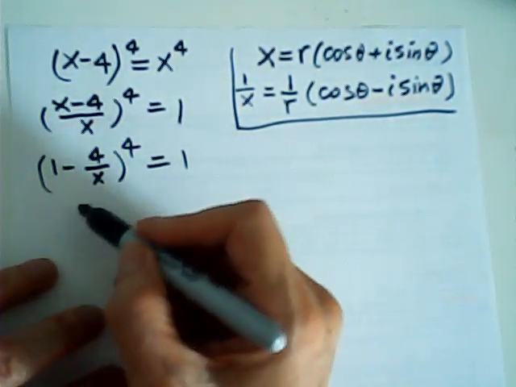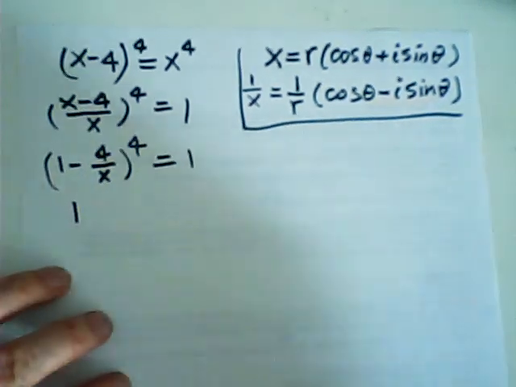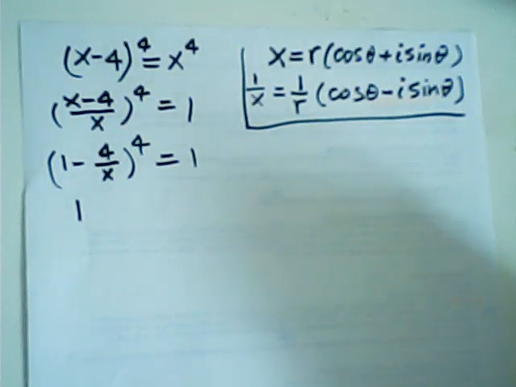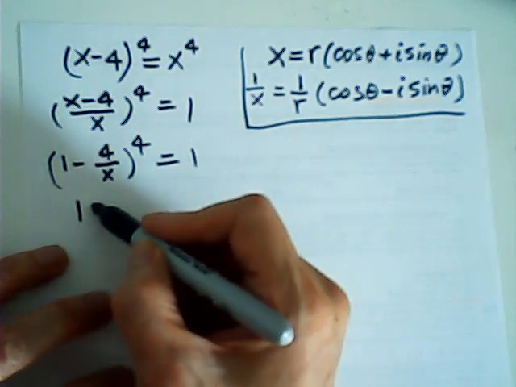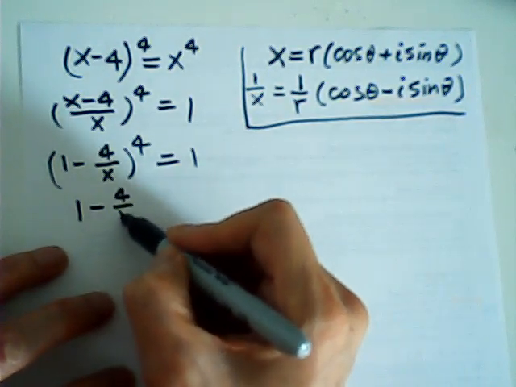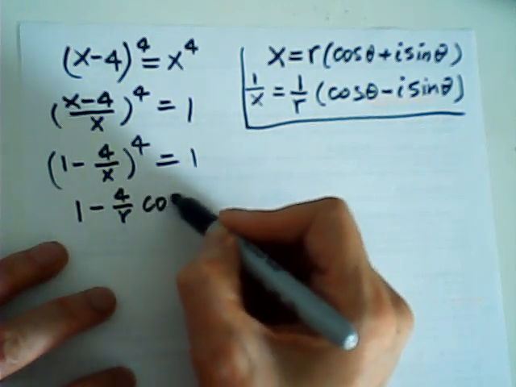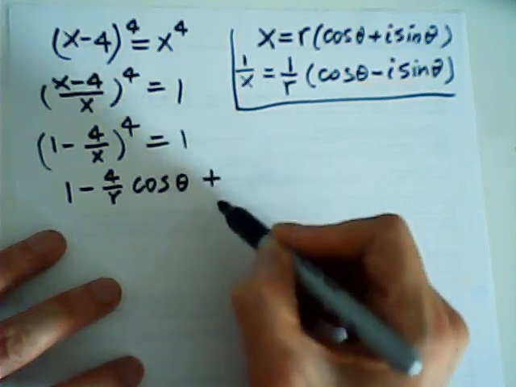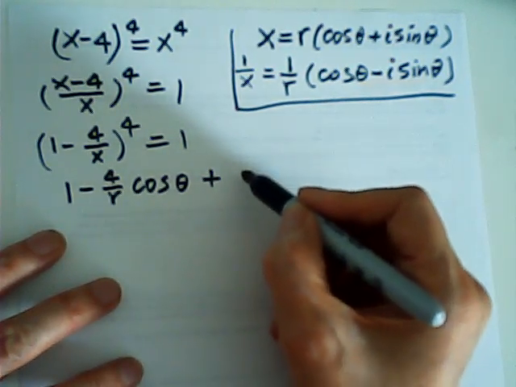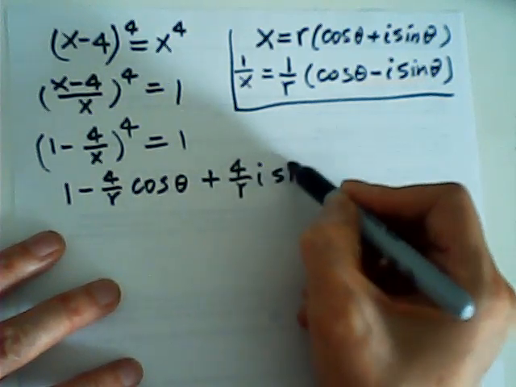So this means the 1, 4 times, right? Minus 4 over r cosine theta plus 4 over r i sine theta.